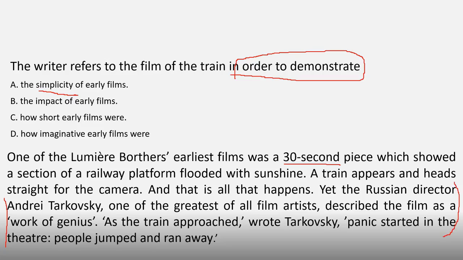People panicked as the train approached and everybody was rushing around. So the correct answer is B, the impact of the early films. So tip number 3 is that you read the question statement very carefully. This question statement is going to guide you to understand which is the correct option.